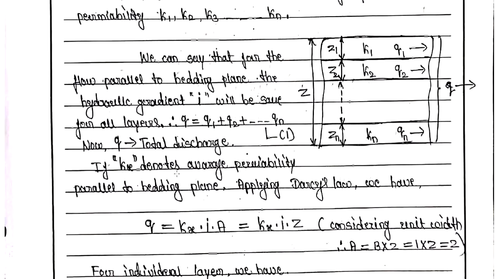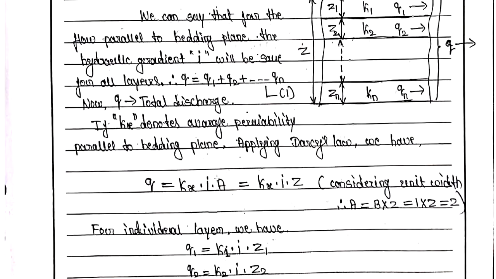If Kx denotes the average permeability in the x direction, or parallel direction, we can call it, then parallel to the bedding plane, applying Darcy's law, Q is equal to K into i into A. Here K is Kx, and I keep i as it is because the hydraulic gradient will not change for any of the layers.